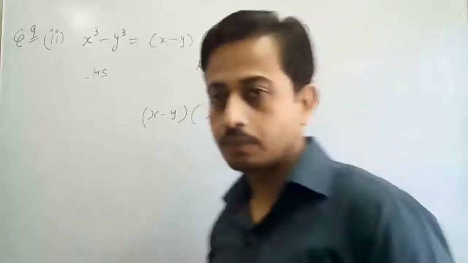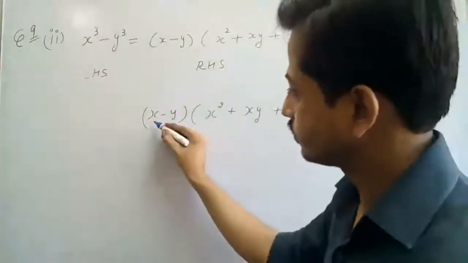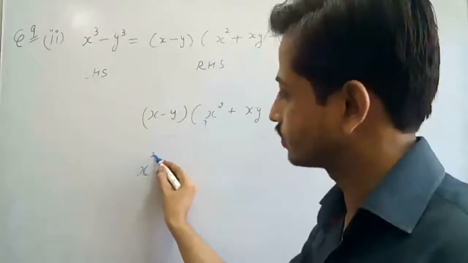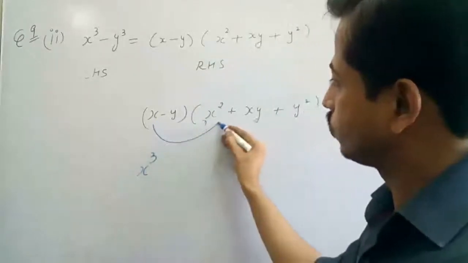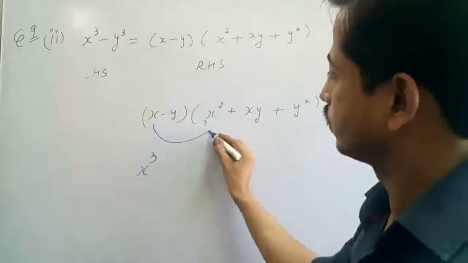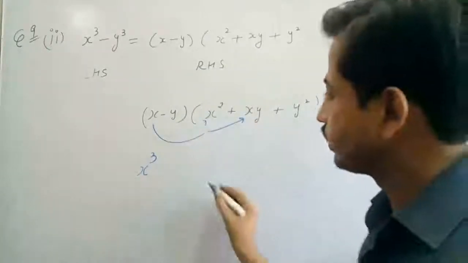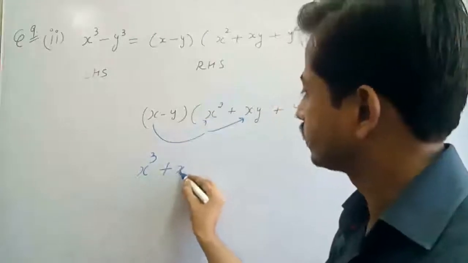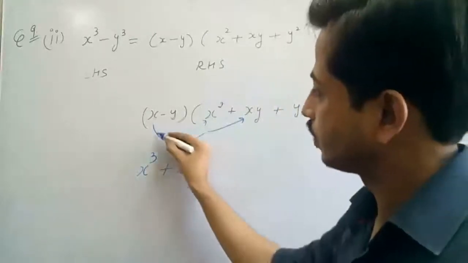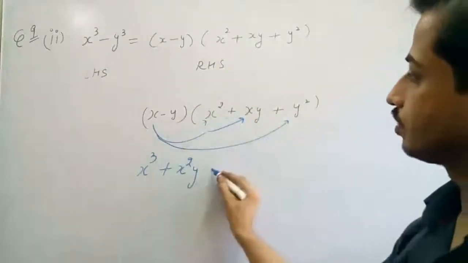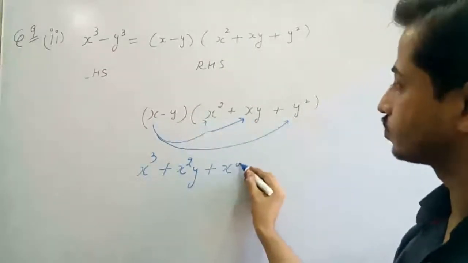Firstly I have to multiply x into x square, we get x cube. Now x into xy, we get x square y. Now multiply with the third term, x into y square, we get positive xy square.